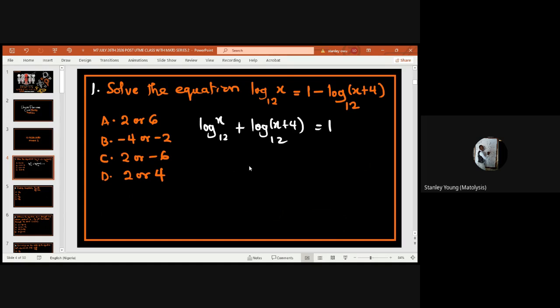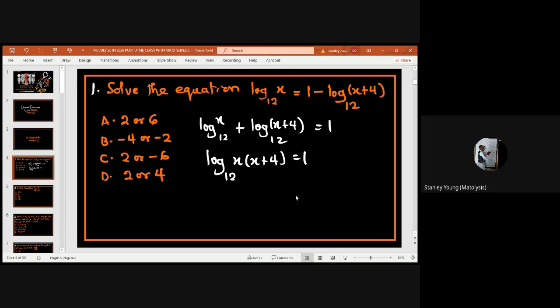Rule of logarithm: when you have log a base b plus log c base b, you can multiply the numbers of the logarithm as a times c, keeping the base as base b. So you do the same thing here because the base is 12. You can write this as log to base 12 of x into the bracket of x plus 4 equals 1.